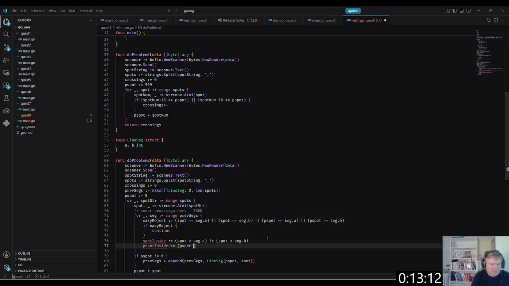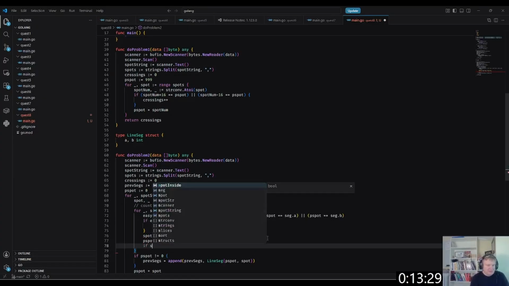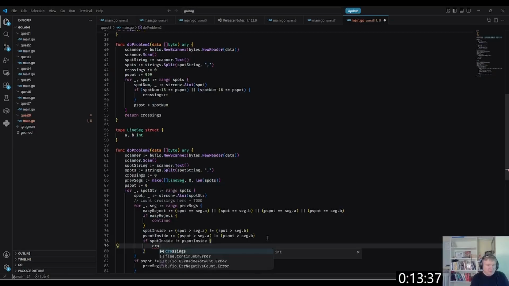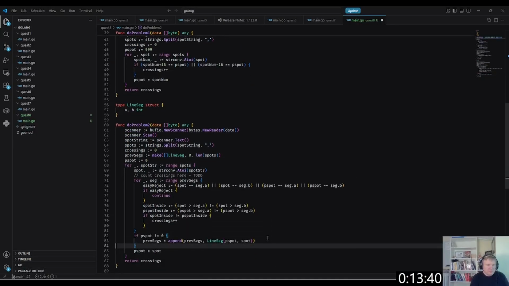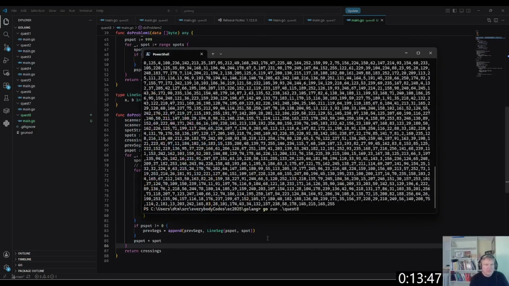P spot greater than seg.a not equal to p spot greater than seg.b. Okay, then if spot inside is not equal to p spot inside, crossings plus plus. Okay, that should do it.